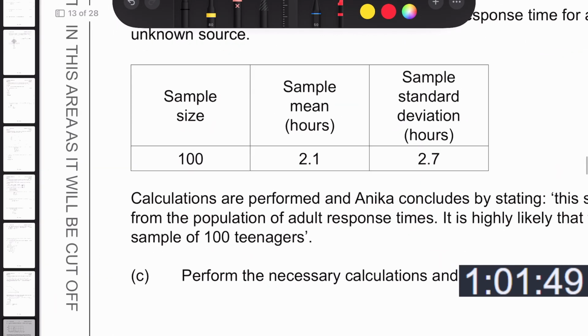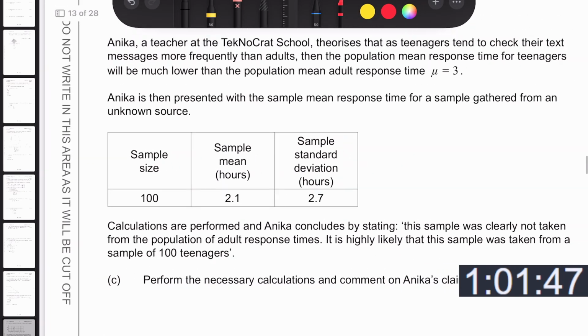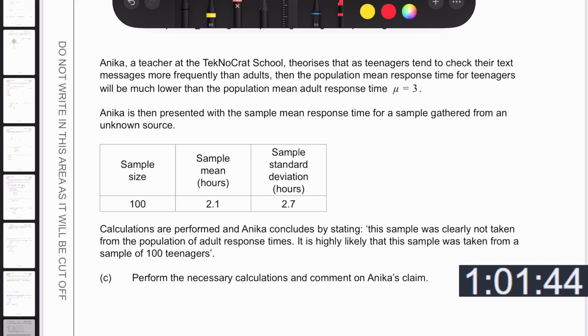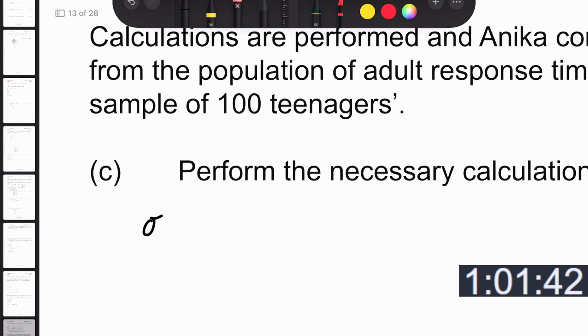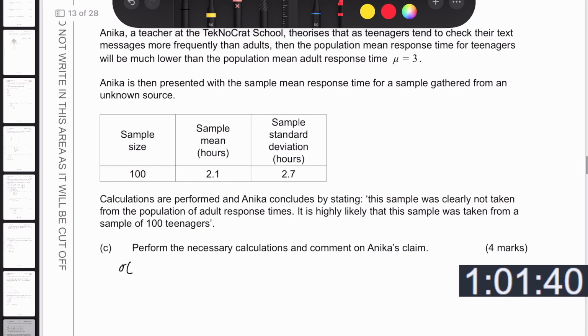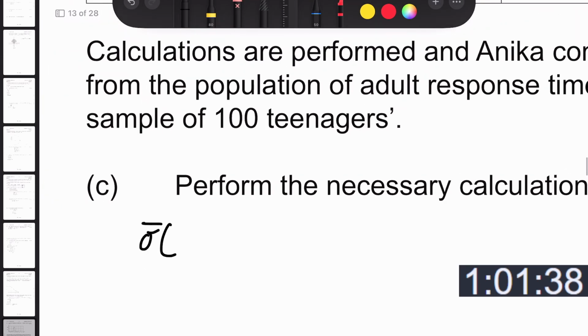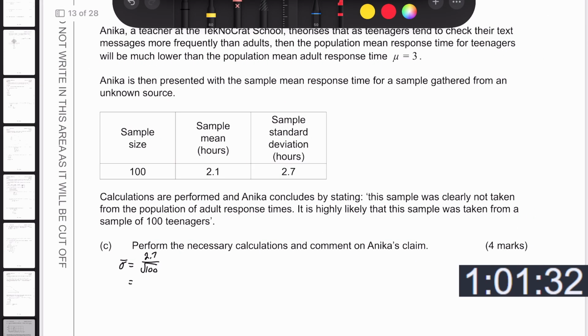Perform the necessary calculations and comment on Annika's claim. So then, sample standard deviation. So let's say sample mean. So let's say the standard error is 2.7 over square root of 100. So that is equal to 2.7 over 10, which would be 0.27.